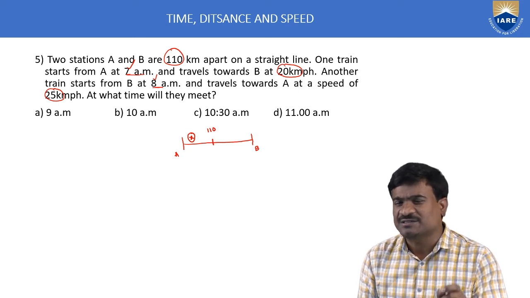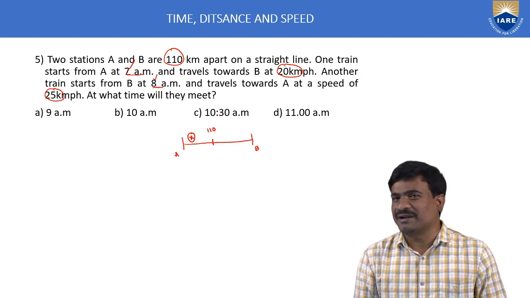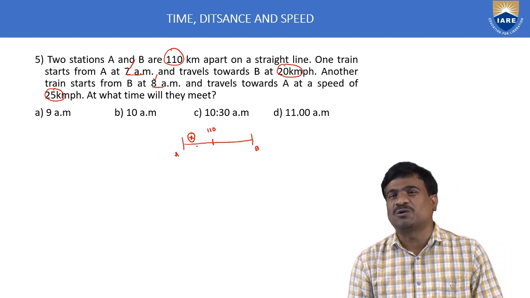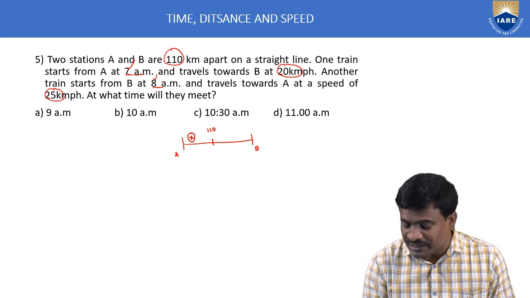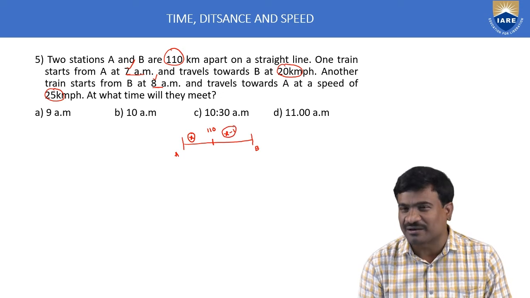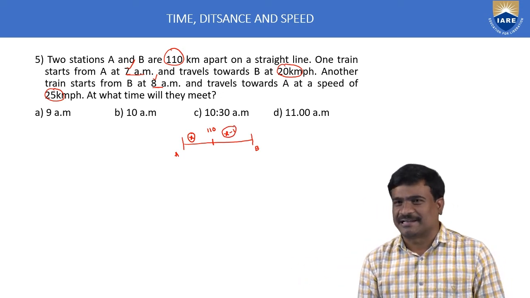That is, B takes 1 hour less than A time. Less than indicates x minus 1. Here A takes x hours up to the meeting point, then B time is equal to x minus 1. B time is 1 hour less than A time.